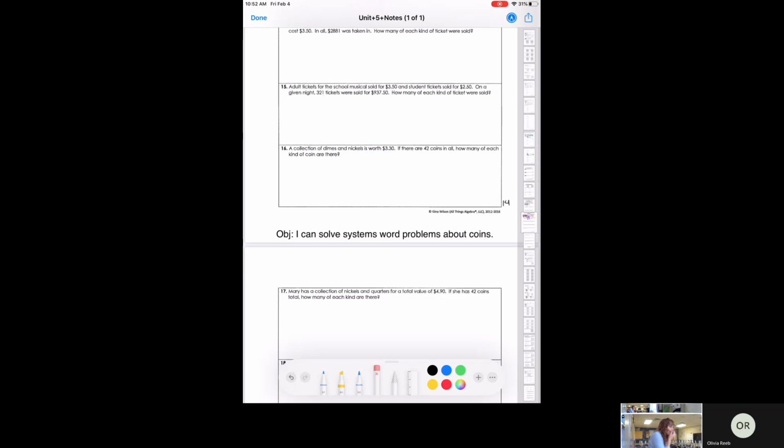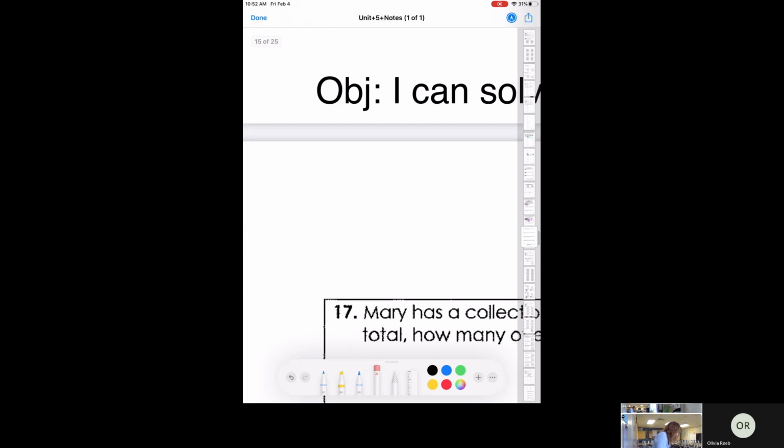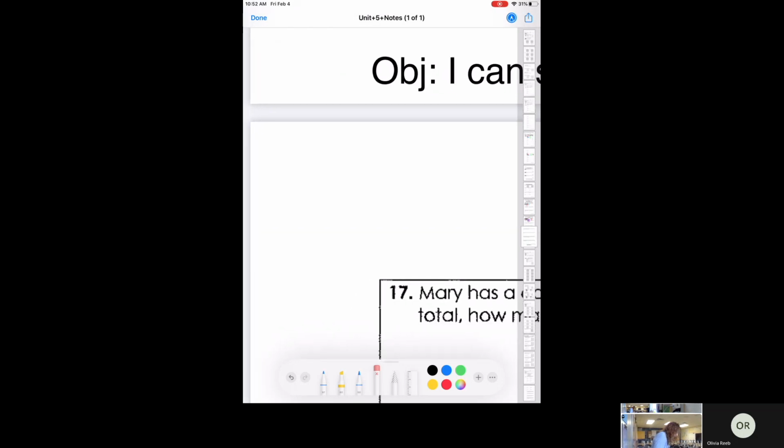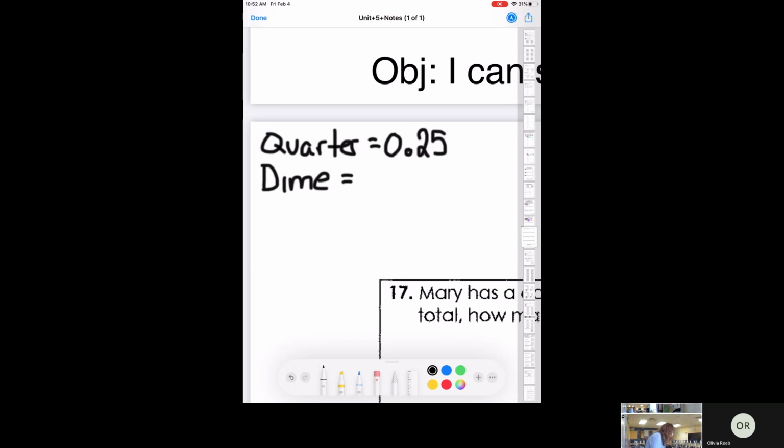Before we start doing our word problems about coins, I do want to give you just a little bit of information about coins. A quarter is worth 25 cents, and you'll write that as 0.25. A dime is worth 10 cents, and you'll write that as 0.10.